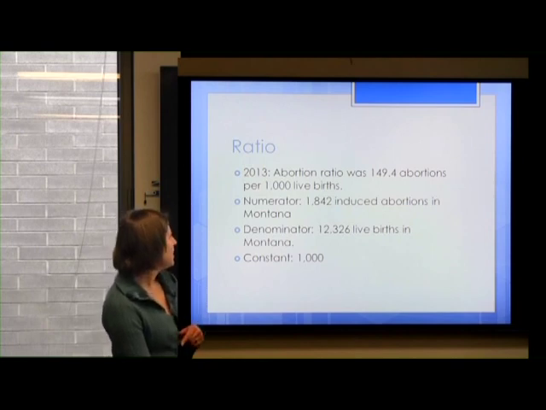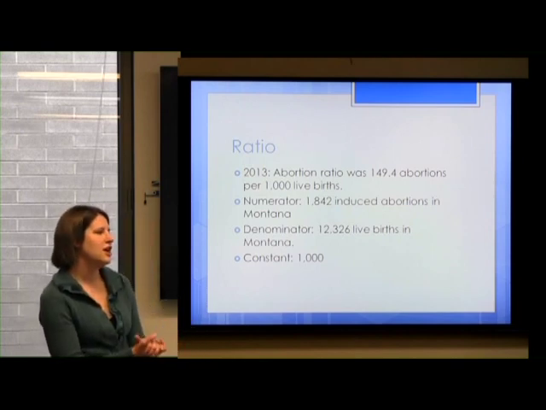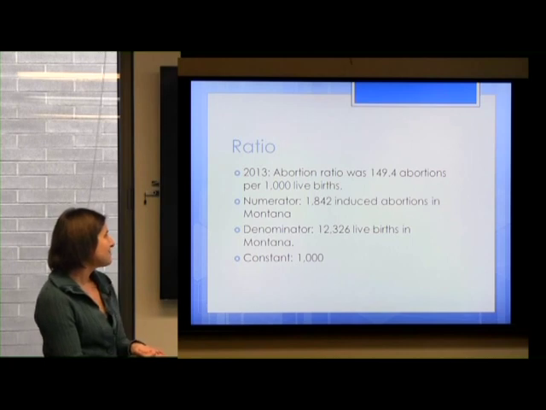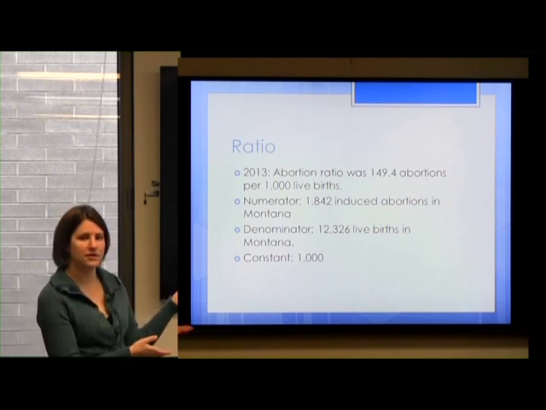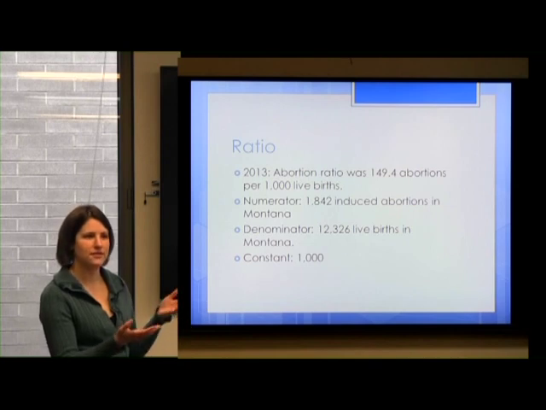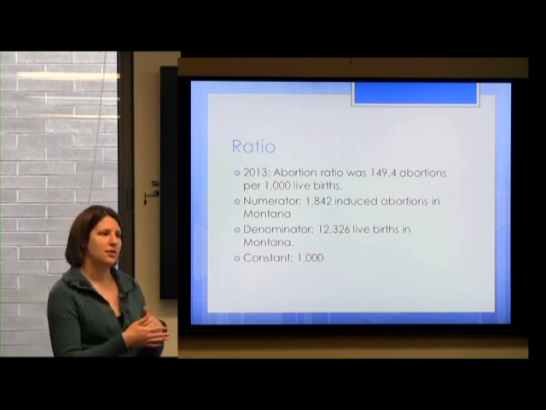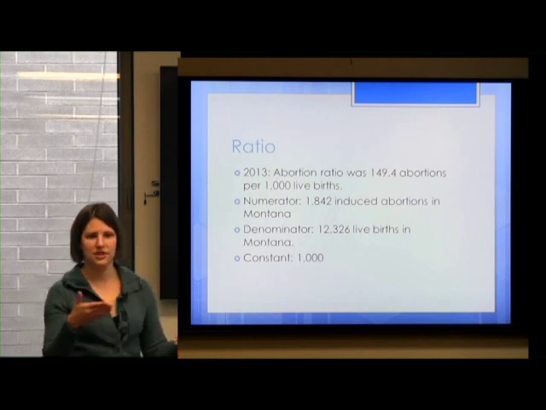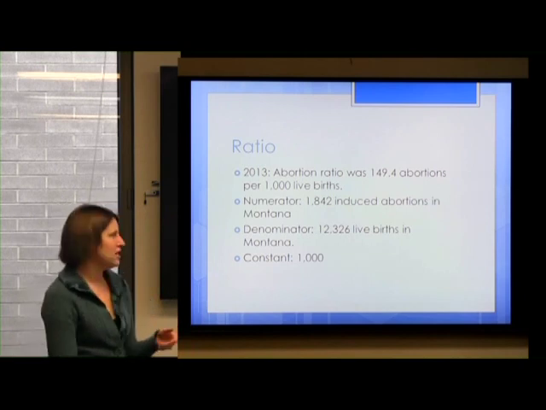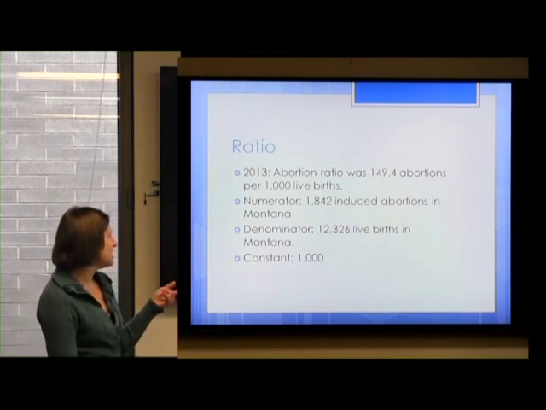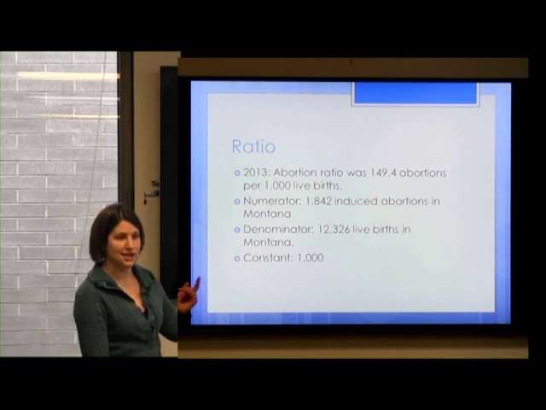Here's an example from public health. You could say the abortion ratio per live birth. That's a way to measure how many abortions are happening versus births. In this example, the numerator is the number of abortions.